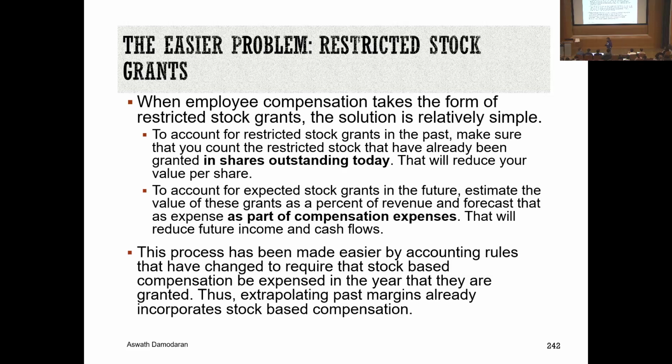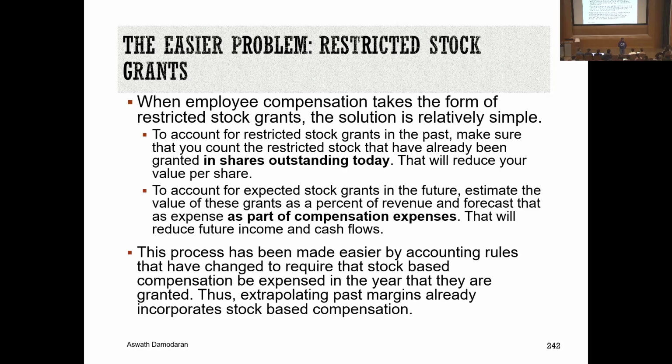In 2007, the accounting rules changed. Now when you grant options, what are you required to do? Anybody know? Yeah. The treasury stock method? No, you can't use the treasury stock method. Now you actually have to value the options as options and show them as expenses. So now when you look at the cost of goods sold for a software company, in that cost of goods sold, there will be a stock-based compensation, and analysts don't like this.